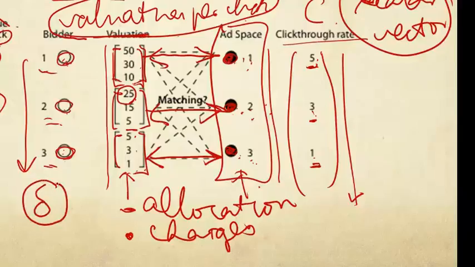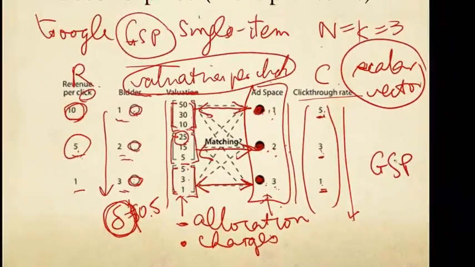So it would be charged delta dollars per click. The delta, let's say, equals $0.5. That's the very bare minimum that Google has to charge you, because there's no lower bidder than you. So this is the process of GSP.